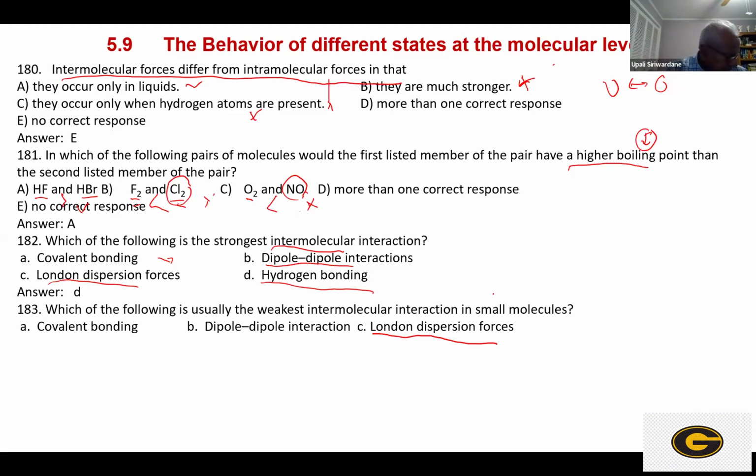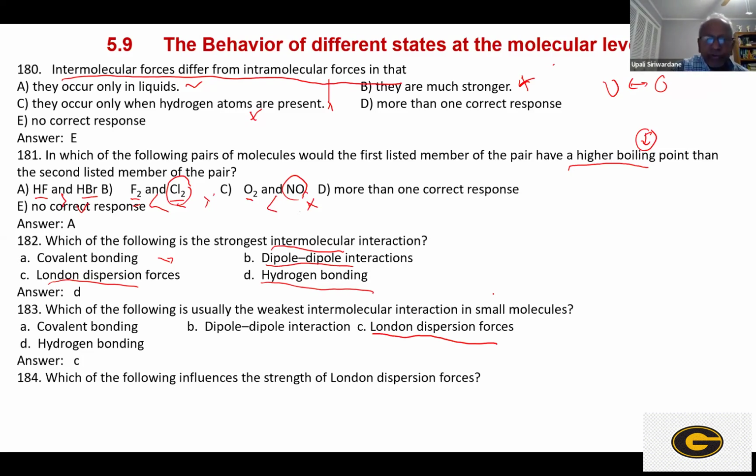When the molecule becomes bigger, London dispersion can increase. That's why it's weakest in smaller molecules. Therefore, answer is C. Hydrogen bonding is the strongest.